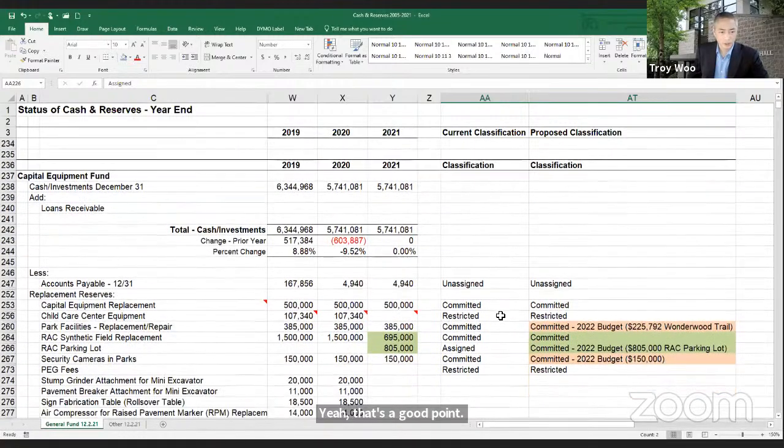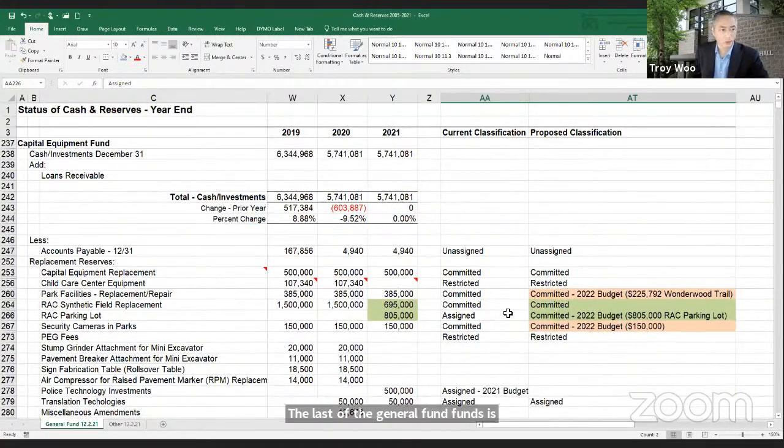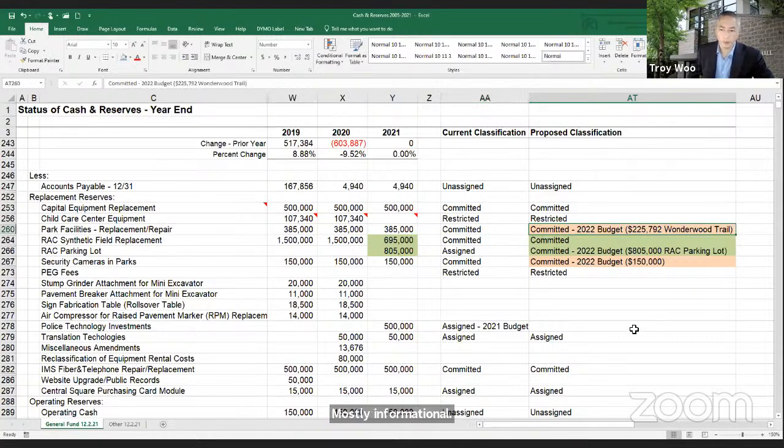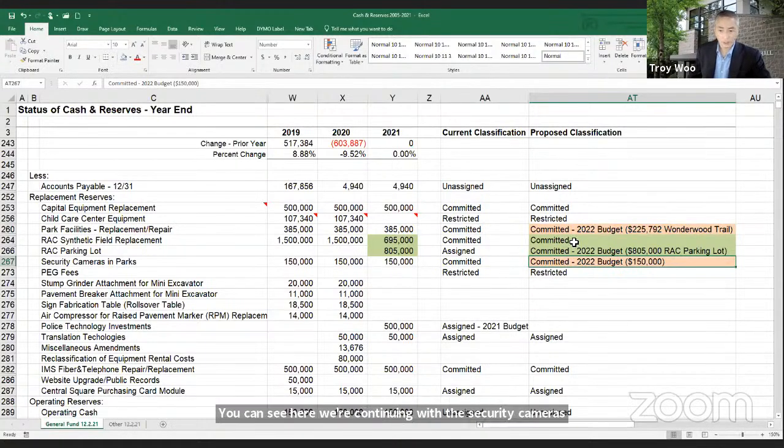The last of the general fund funds is capital equipment, mostly informational. We're doing a little bit of work on the Wonderwood Park Trail and basketball court, really just repairs. You can see here we're continuing with the security cameras as we talked a little bit earlier.